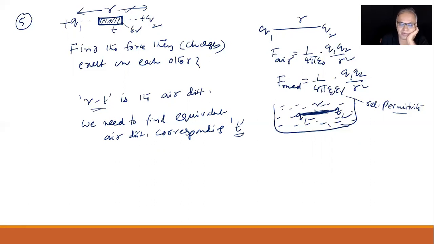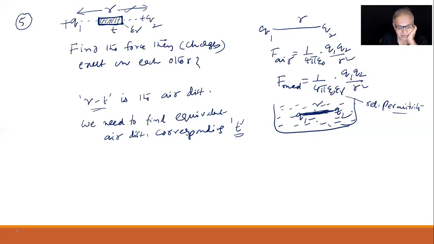I told you, the distance in air which would cause the same force if the charges are placed at that distance as the charges would experience if they are placed in a medium of thickness T, when epsilon, the dielectric constant, that is relative permittivity, is epsilon R.